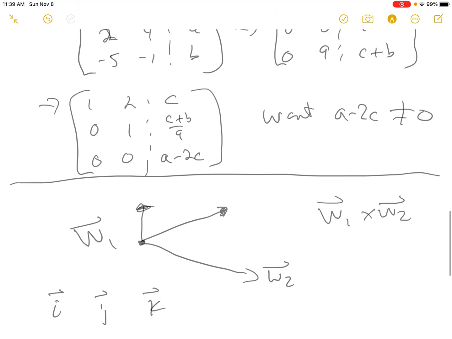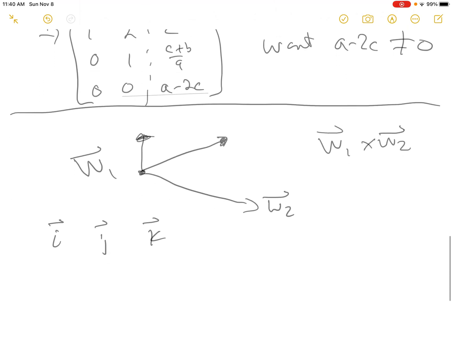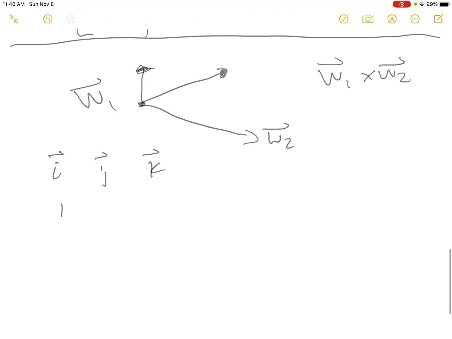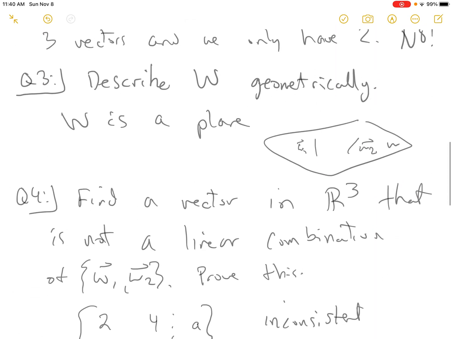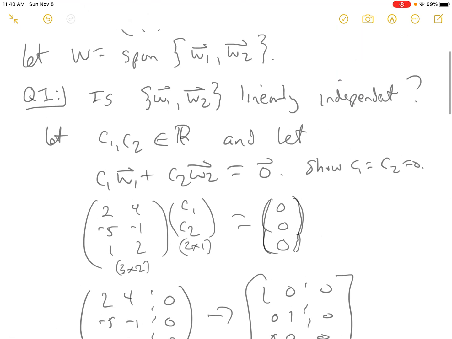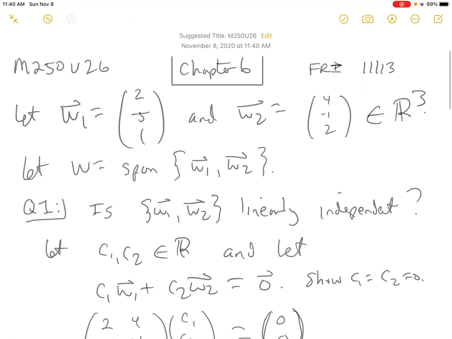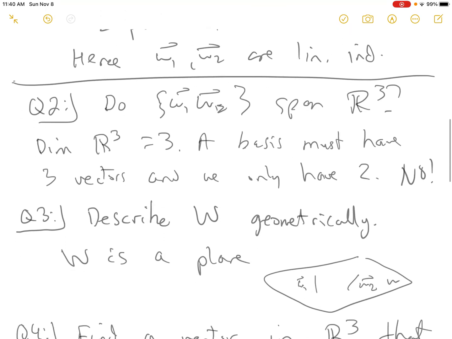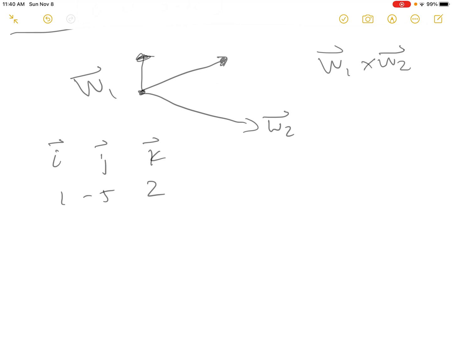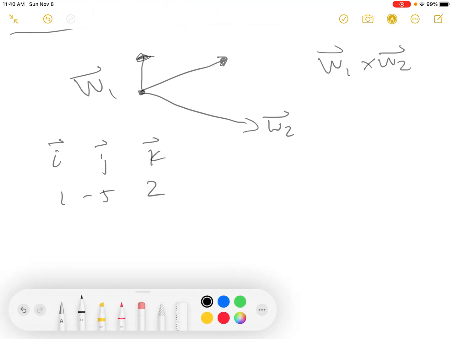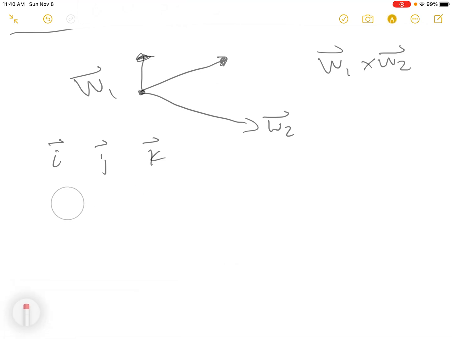To do that computation, you've got to go back to Calc 3. So what is it? 1, 2, minus 5, 2, 2, minus 5, 1, 4, minus 1, 2.